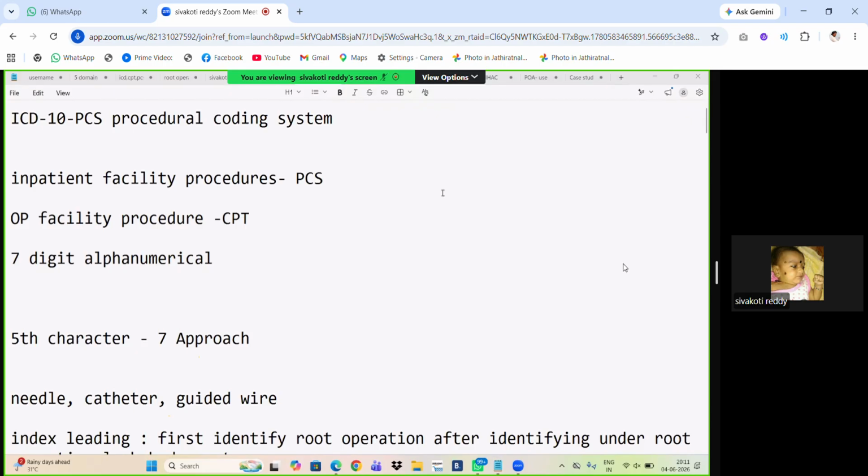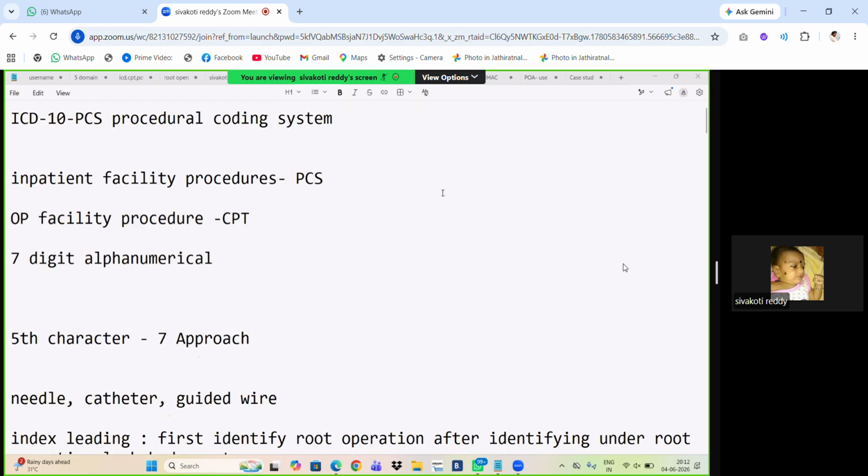That's it. So first thing, how can I identify in the exam whether they performed it in an inpatient facility or outpatient facility? Simple. Based on the code structure itself, we can identify whether it was an outpatient procedure or inpatient procedure. In the exam, every question and every procedure should be optional.